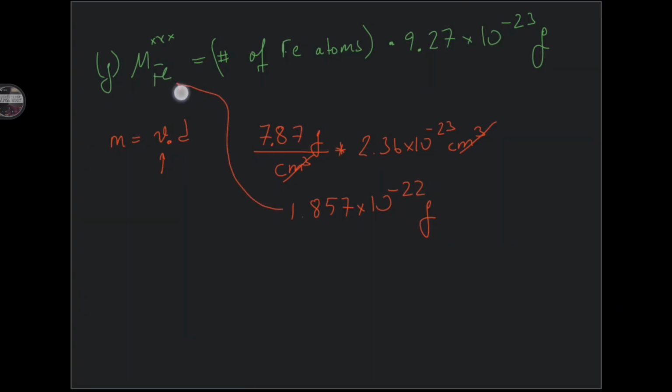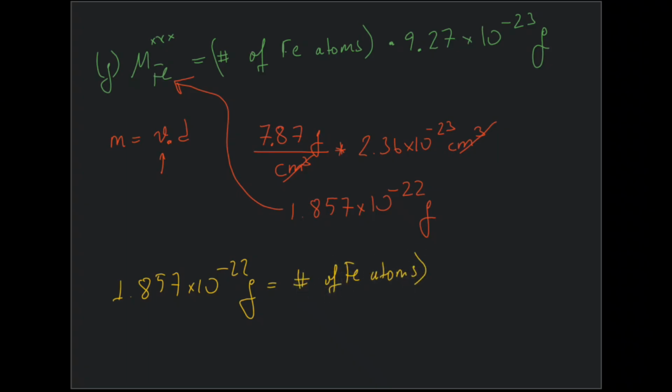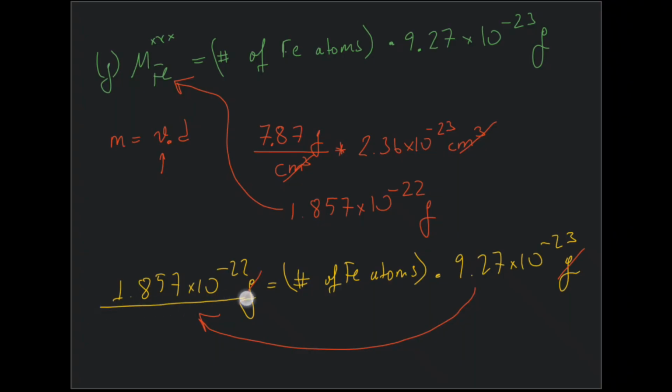So this belongs here, and we can write the equation again. Number of iron atoms times 9.27 times 10 to the minus 23 grams, and as you see, grams will cancel each other, and I will divide this number by this number. I can clean it.